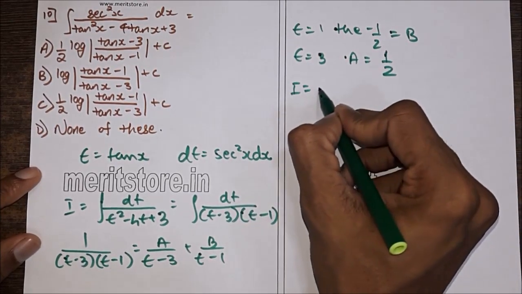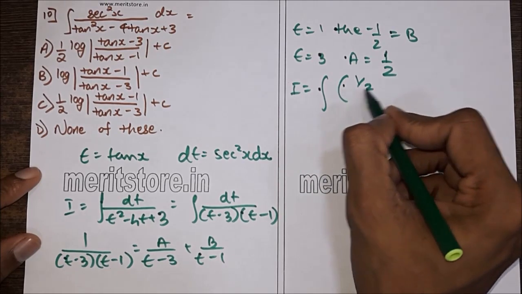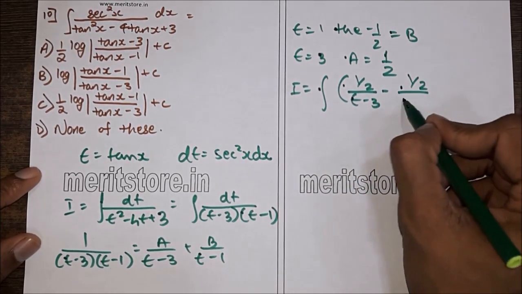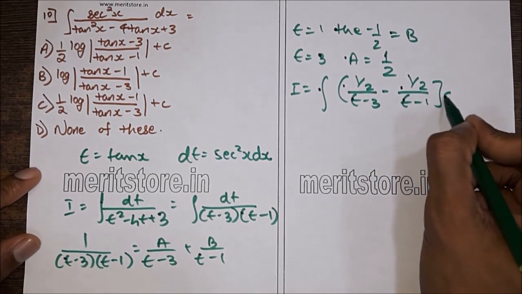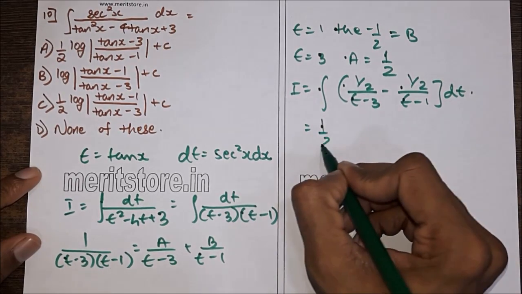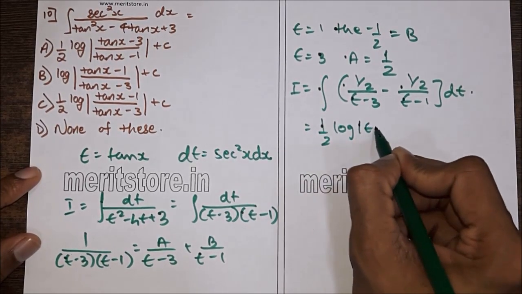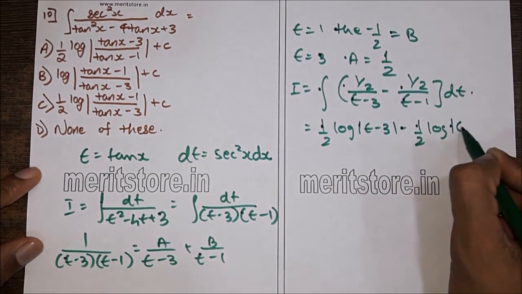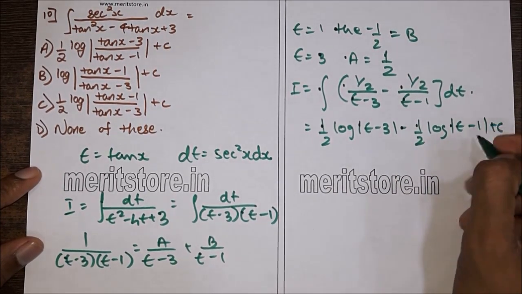Therefore, I is equal to integral of half upon t minus 3 minus half upon t minus 1 dt. For solving, half of log mod t minus 3 minus half of log mod t minus 1 plus c.